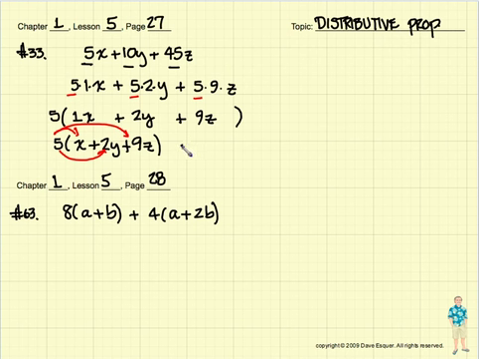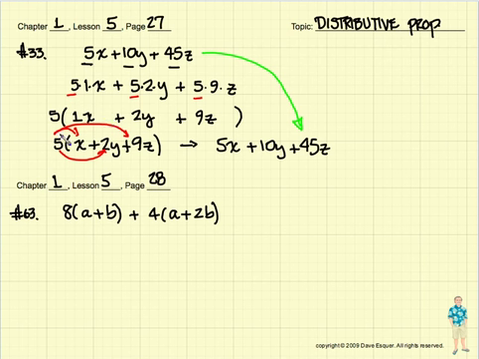Let's multiply this out. 5 times x is 5x, plus 5 times 2y is 10y, plus 5 times 9z is 45z. So let's check to see if that is what we had when we started, and it sure looks that way: 5x plus 10y plus 45z.